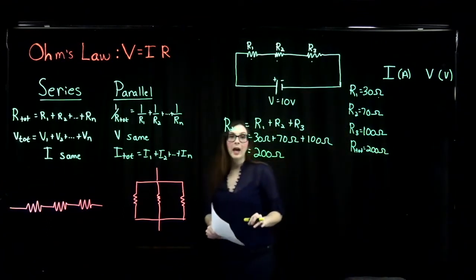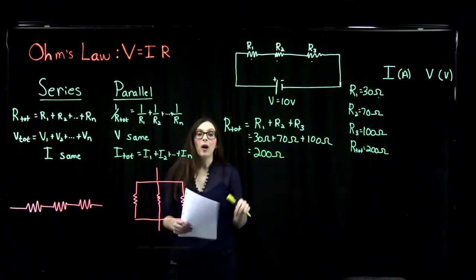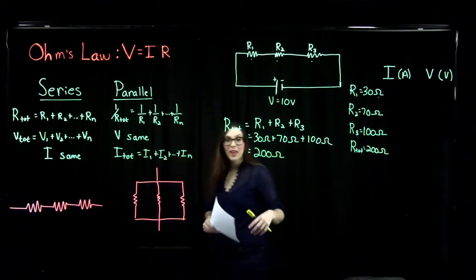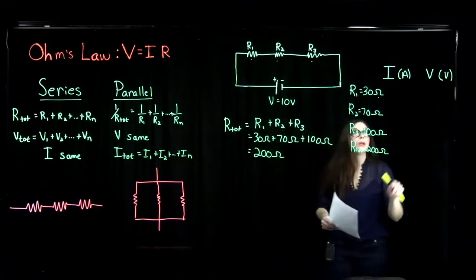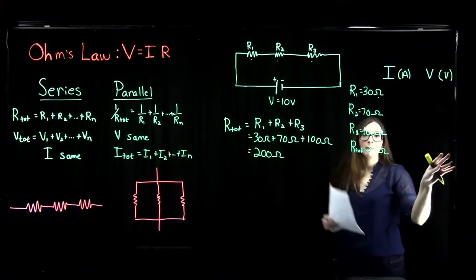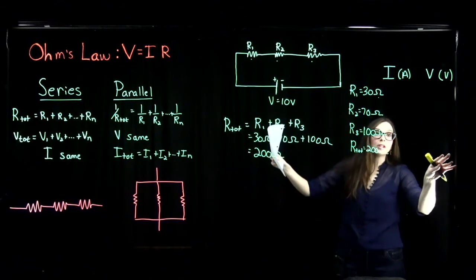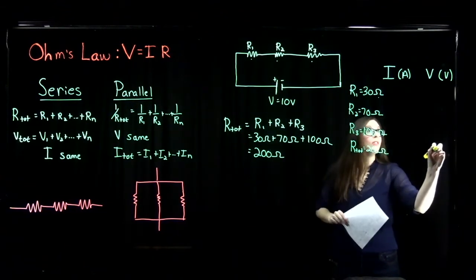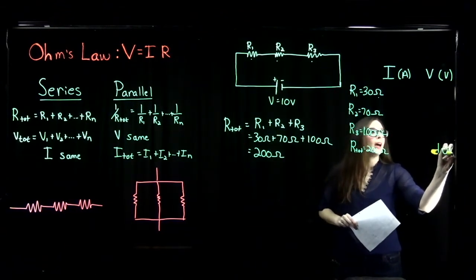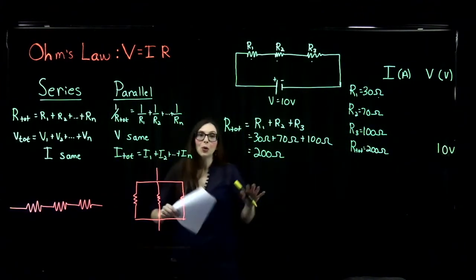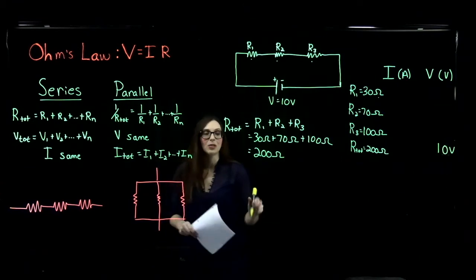Right. Now with that, we are going to figure out what is the total current in our circuit using Ohm's law. We can go ahead and fill out our chart here. We know that our whole current is being supplied by a potential difference, or a voltage, of 10 volts from my 10-volt battery. Okay. So then I can use Ohm's law to figure out the total current inside my circuit.